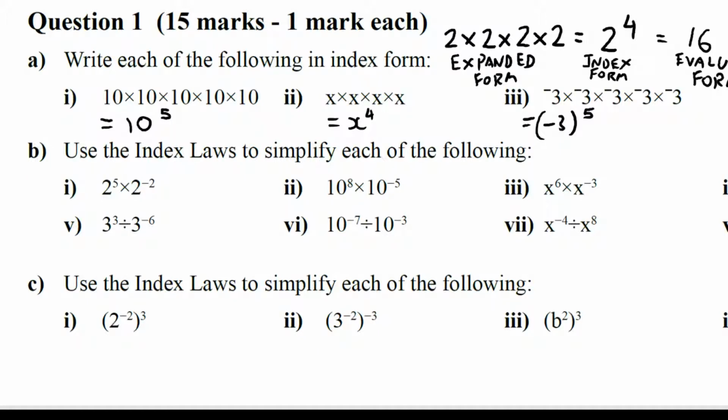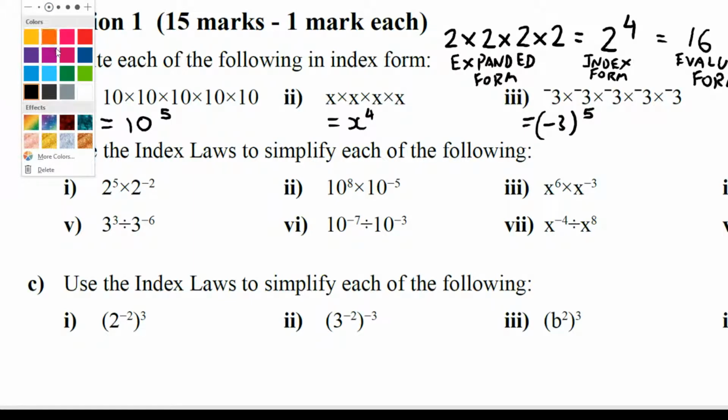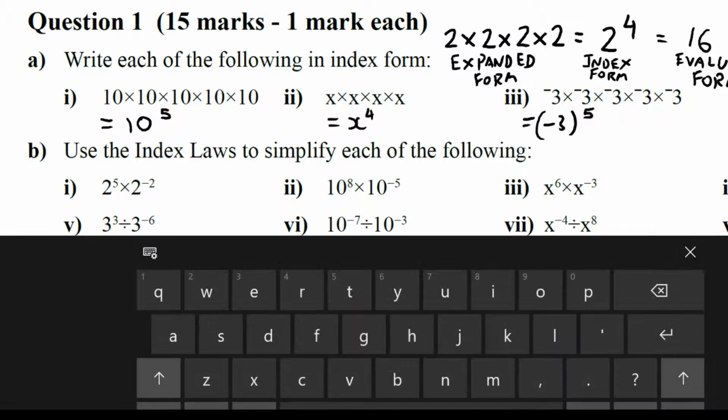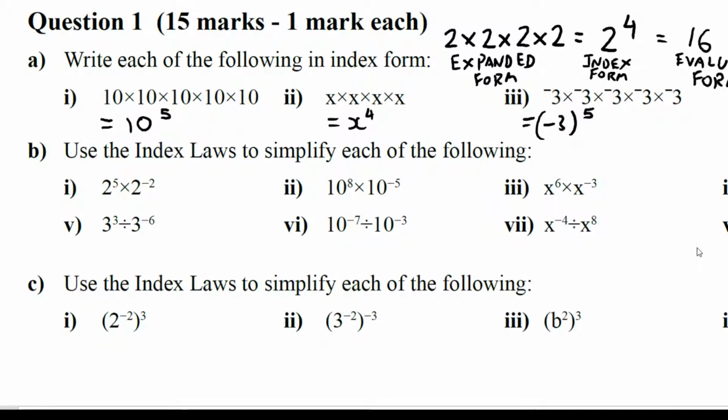Next one. Use index laws to simplify each of the following. Okay, with these top examples here, we're going to be using the first index law. A to the m times a to the n equals a to the m plus n.